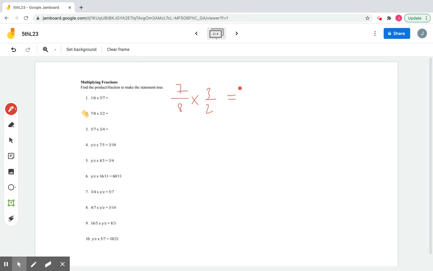So 7 times 3 is 21, and 8 times 2 is 16. When we get the answer, we have to check if the fraction can be reduced or not. In this case, this fraction cannot be reduced anymore, so this will be the final answer. 21 over 16 is the final answer for number 2.